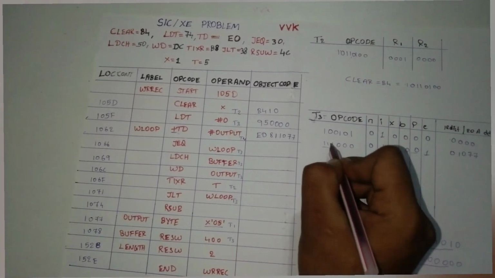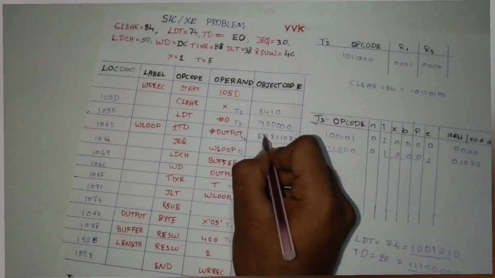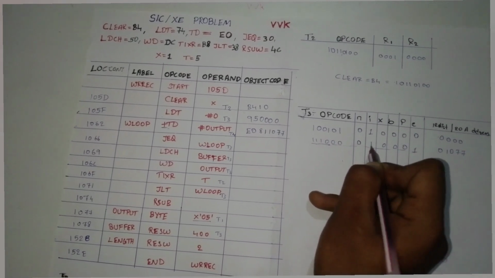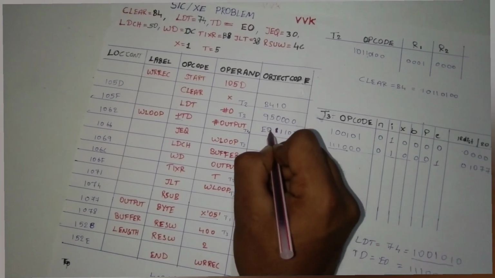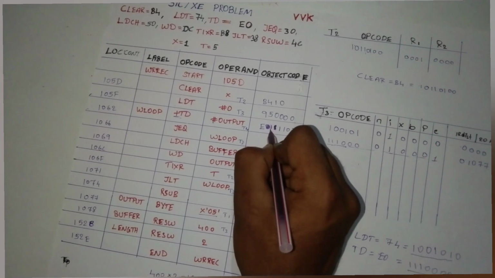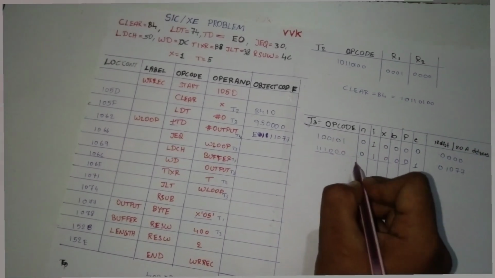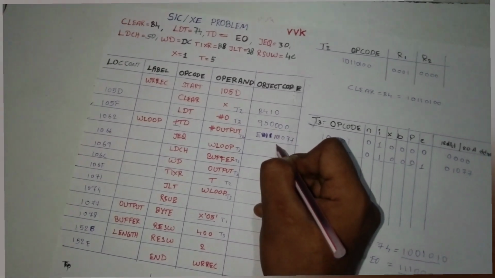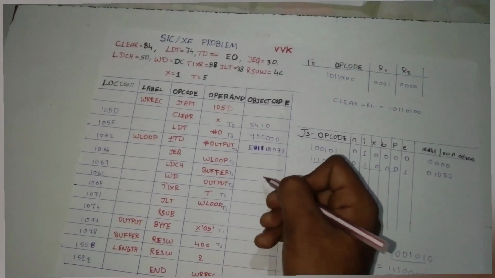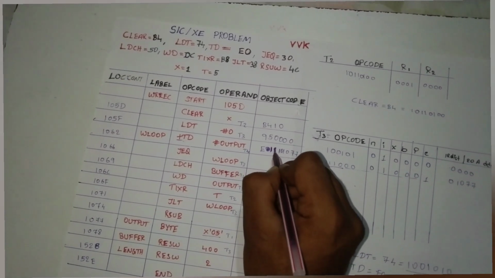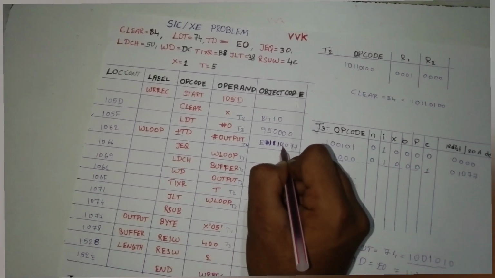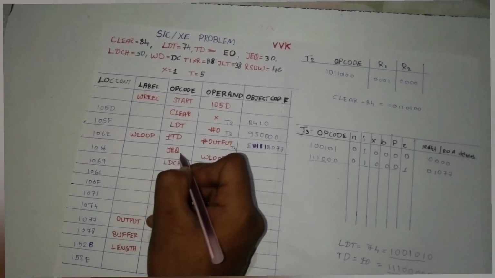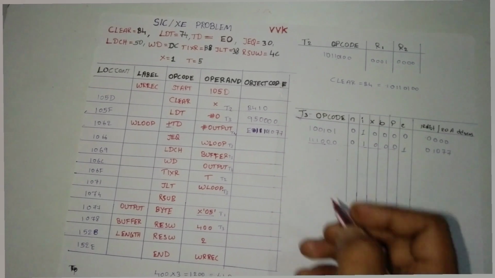Oh, there is a mistake. E0 has been written correctly, but it is not 8, it is 1. It is 1, and again 1, and here 01077. So it will be E1101077. Next moving on with JEQ. JEQ has a numeric value of 30.